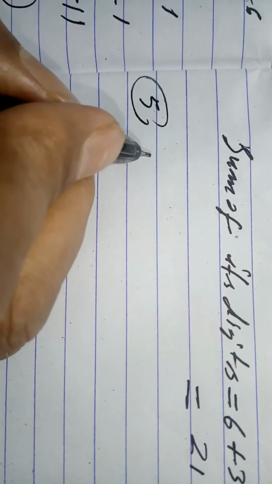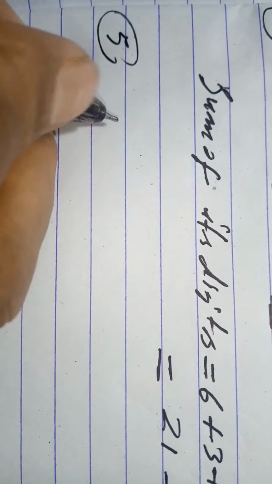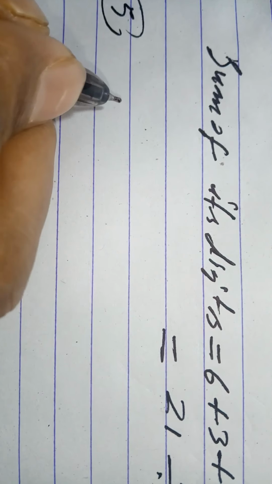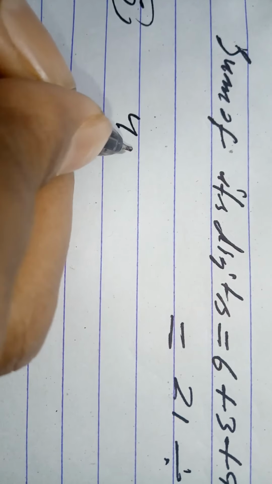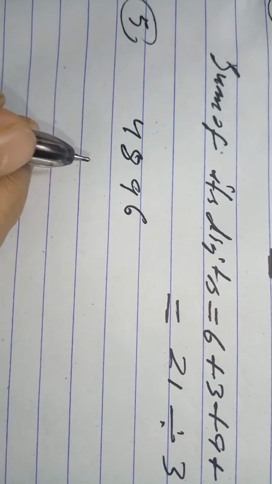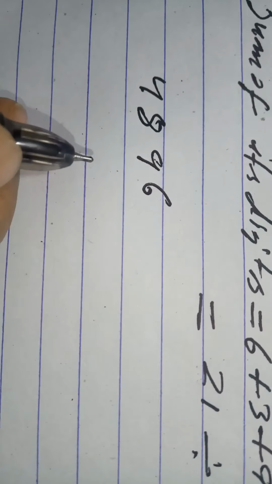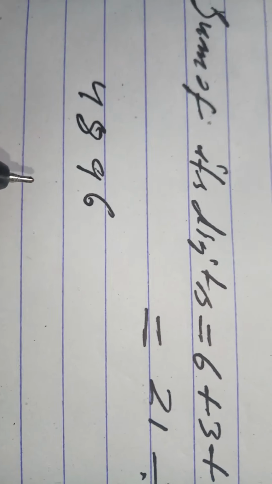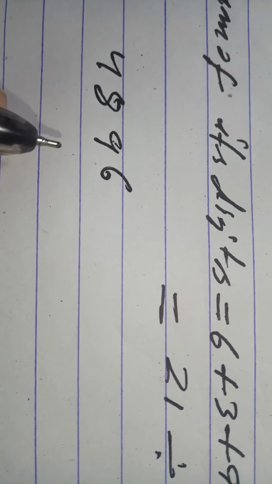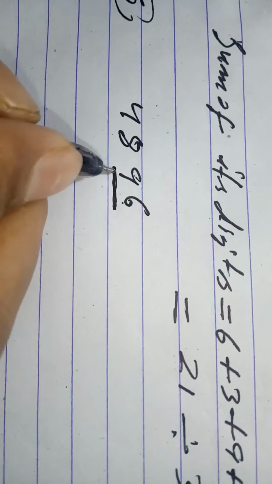Take another rule. Divisibility test by 4. Take a number 4896. The rule is that a number is divisible by 4 if the number formed by its last two digits is divisible by 4. It means ones and tens.